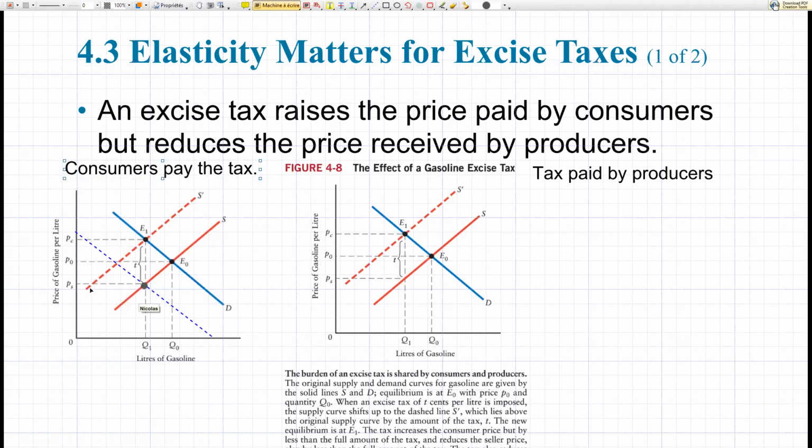So there is one difference. Here, the market price is high, and this is what the supplier gets after tax. Here, the market price is low, but this is what the consumers feel they're paying because they are paying this extra tax.